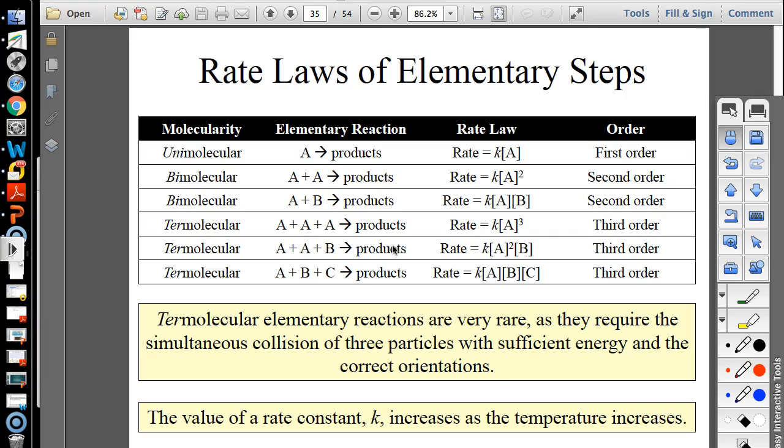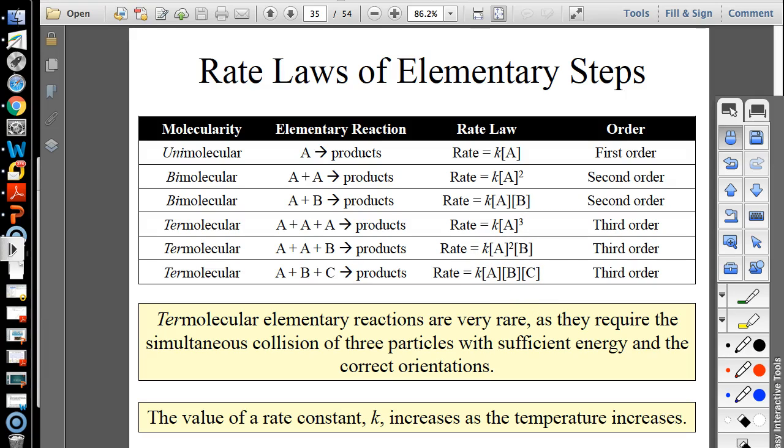Unimolecular things, just start with one thing. If I have two, whatever. No worries. The thing that we already talked about that is important, though, is that this one's first order because it's 1, and then 1, 2 is second order, third order, right?